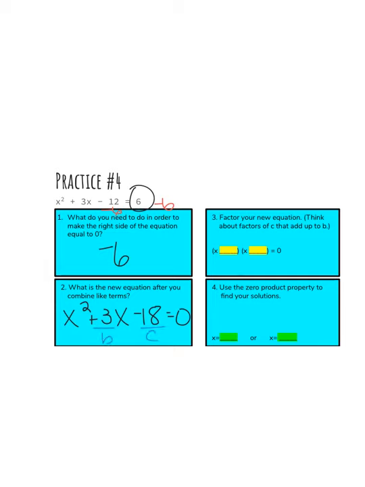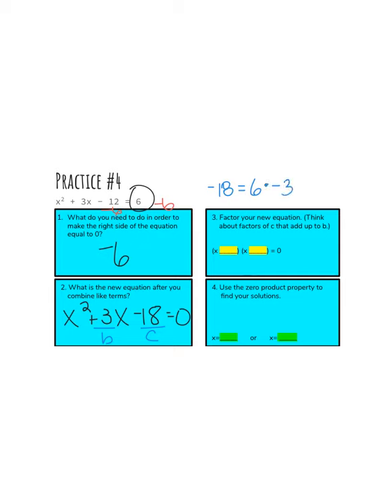Notice now, our c value is a negative number. So when we think about factors, when we multiply two things together to get a negative, one of them is going to be positive, one of them is going to be negative. So sometimes it's helpful to think about two numbers that will multiply to 18 that have a difference of 3. I'm thinking 6 and negative 3 will work.